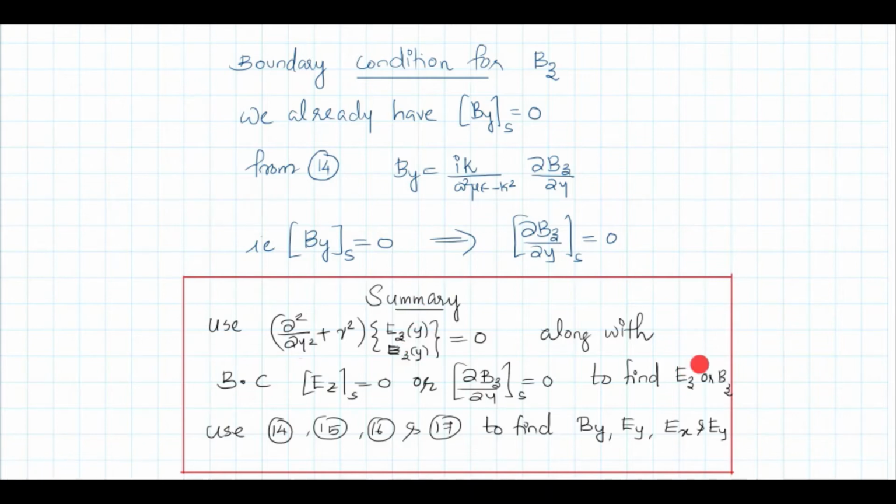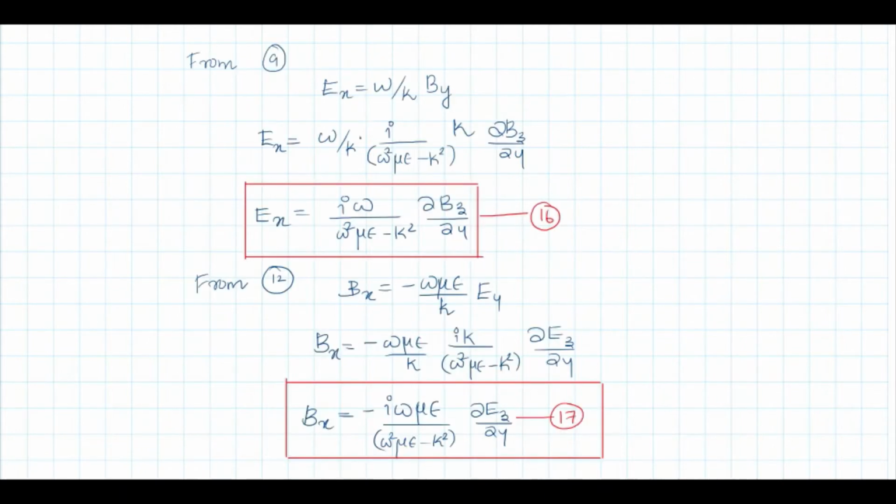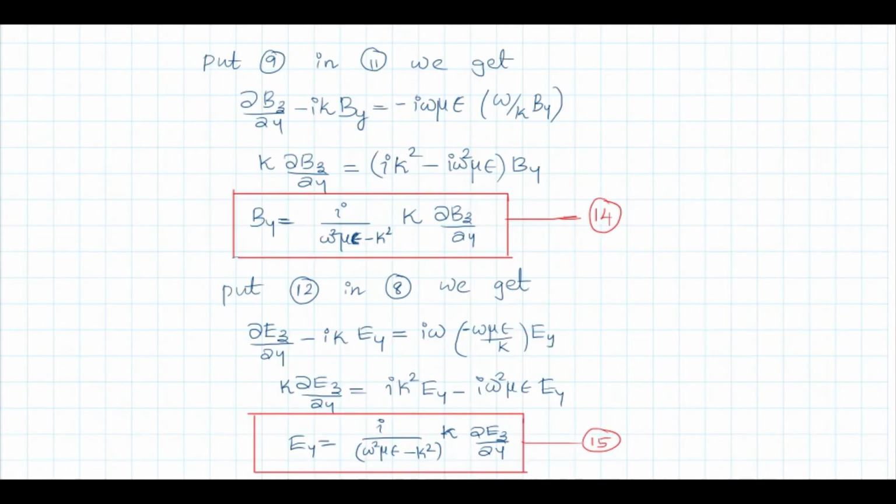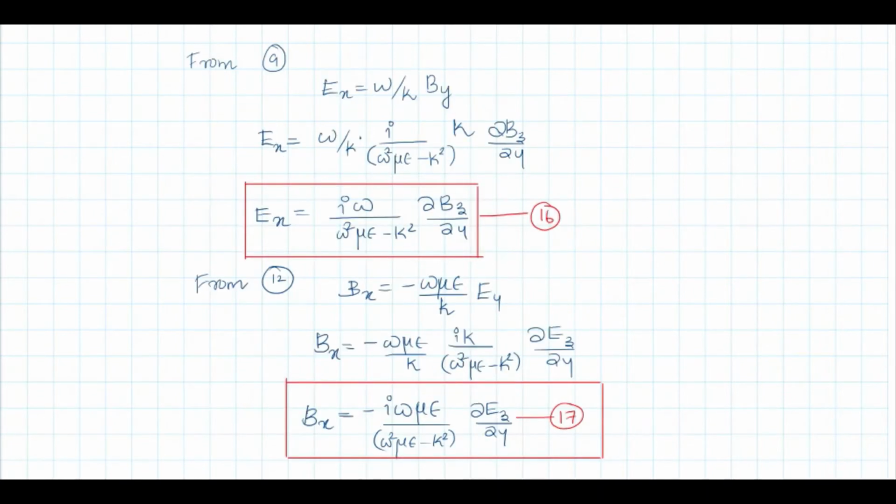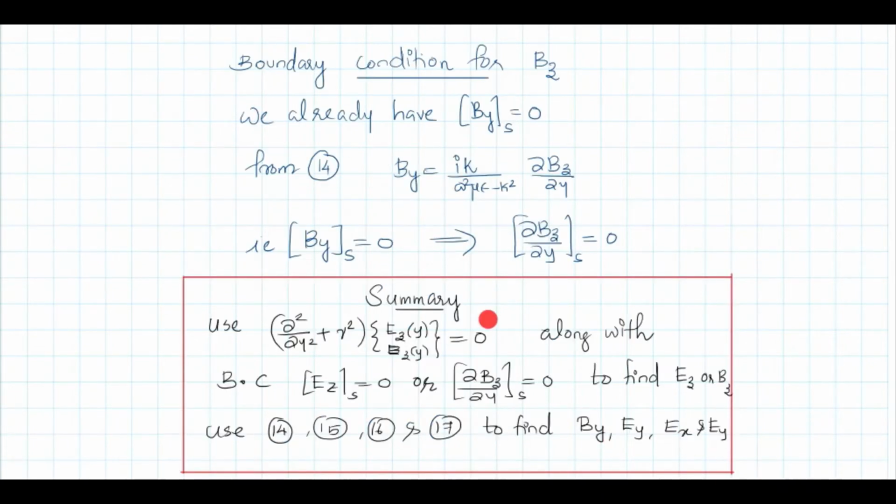Once you have Ez and Bz, you can use equations 14, 15, 16, 17: equation 14 for By, equation 15 for Ey, equation 16 for Ex, equation 17 for Bx. That completes the solution of electric and magnetic fields in between the conducting plates. Solving for electric and magnetic fields means you need 6 components: Ex, Ey, Ez, Bx, By, Bz, and you can find them using this procedure.